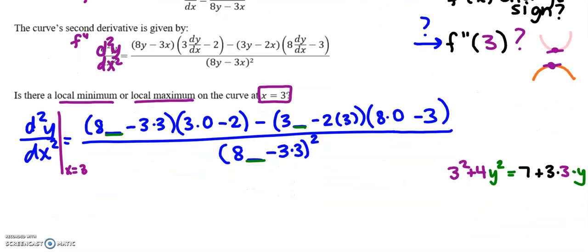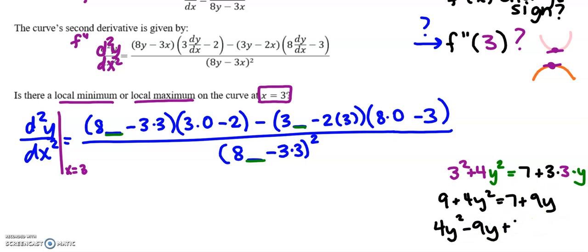So let's think about solving this. I get 9 plus 4y squared equals 7 plus 9y. So if I subtract the 7 to the other side, 4y squared minus 9y plus 2 equals 0.